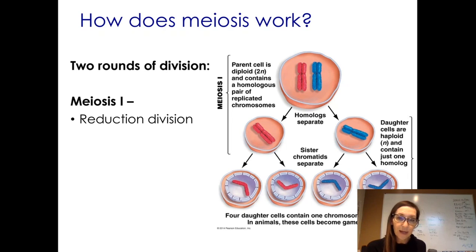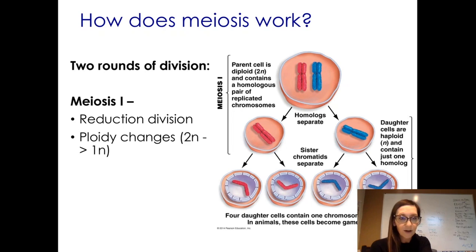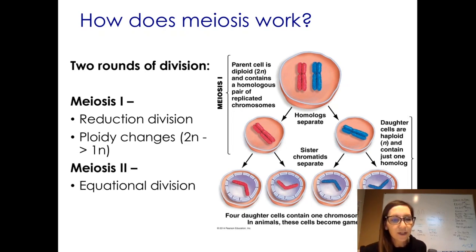So if you start with 2N, by the end of meiosis 1, you have 1N chromosomes. Meiosis 2 is a second division that follows. And in this division, we consider it an equational division because we do not have a change in the number of chromosomes. So it begins 1N and it stays 1N.